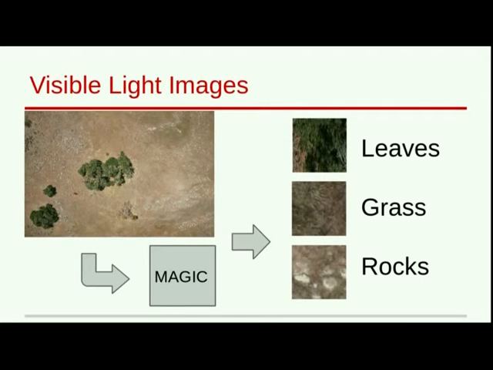Intuitively, visible light images give us the least information on bird nests, because bird nests are hidden from view. However, we can find the trees where birds build their nests. Since visible light images have the highest resolution among all the different images we have, we decided to do classification on visible light images.